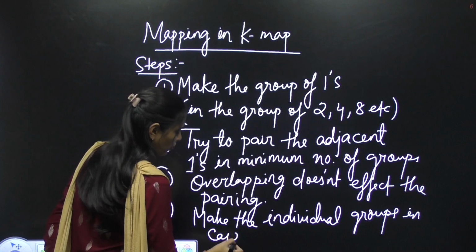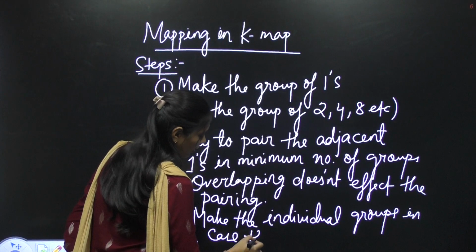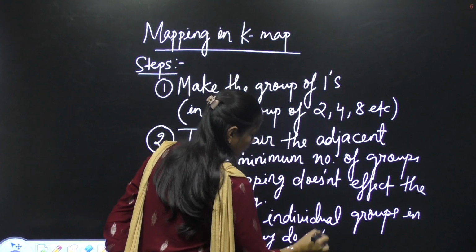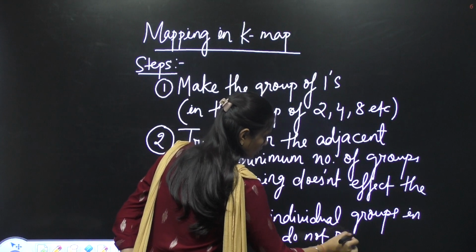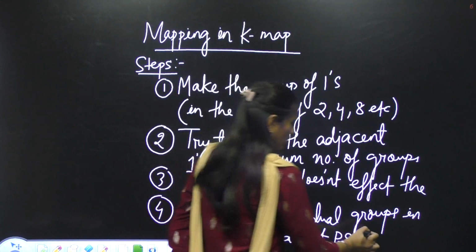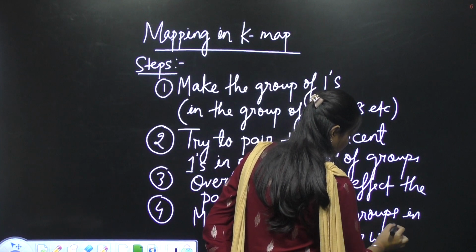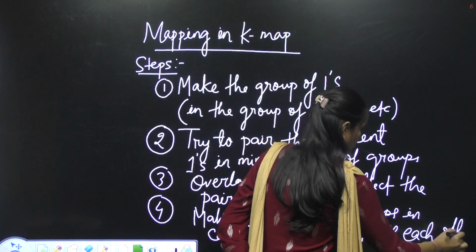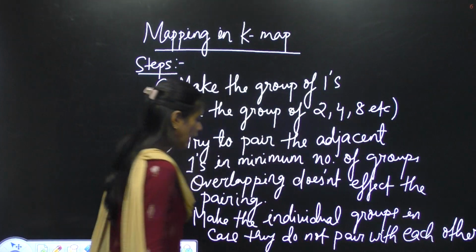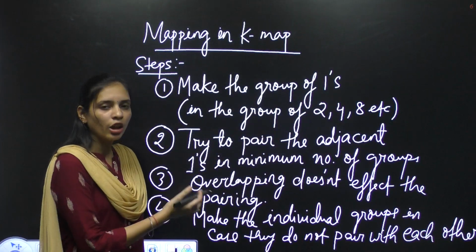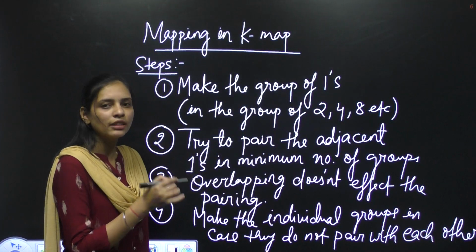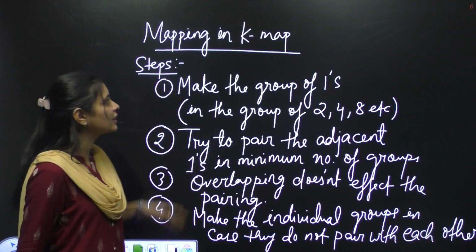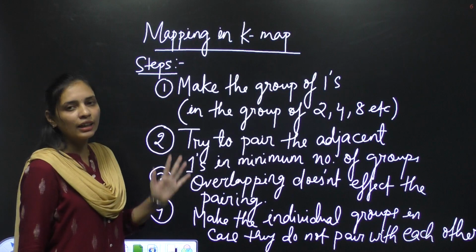Take the individual one as a group in case it does not pair with each other. In case some one does not get paired with another, take that one as a single group. Individually you can make that one a group. This is how you do the mapping in the K-map.